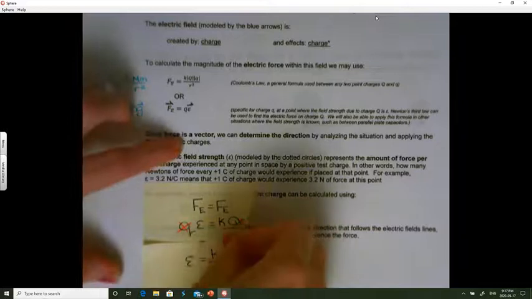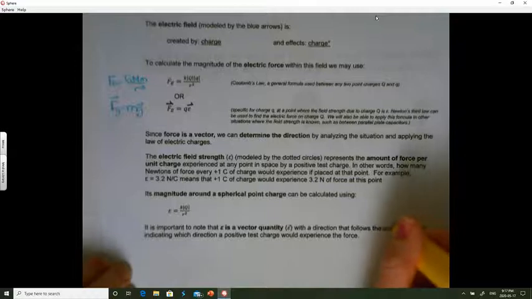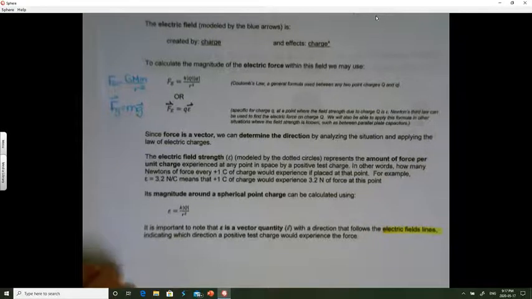And that's actually already typed out for you if you did print out your notes. Now, it's important to note that this epsilon character is a vector quantity. It will have a direction associated with it. So that is expected for you to include in your answers to any of these questions. The direction of the electric field strength is the same as the direction of the field lines, meaning that it's going to point in whichever direction a positive charge would move.